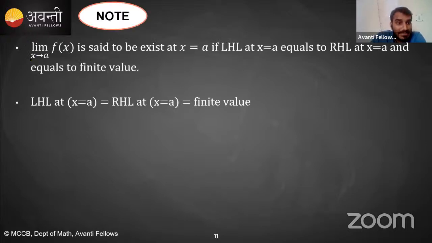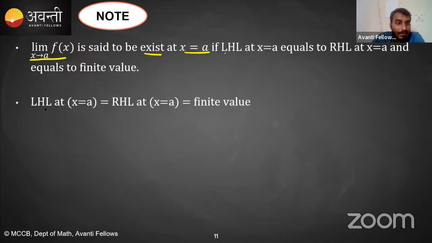We'll say limit x tends to a of f of x is said to exist at x equal to a if left hand limit at x equal to a equals right hand limit at x equal to a and equals a finite value. Clear?